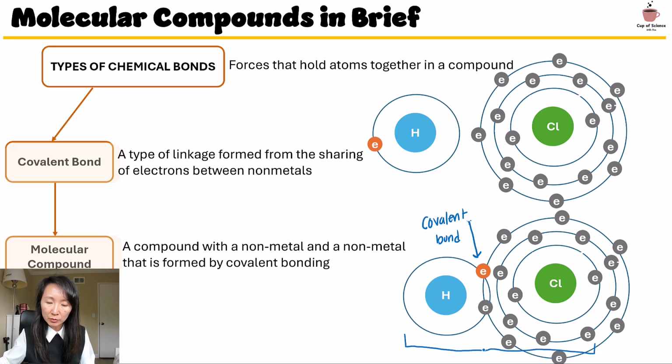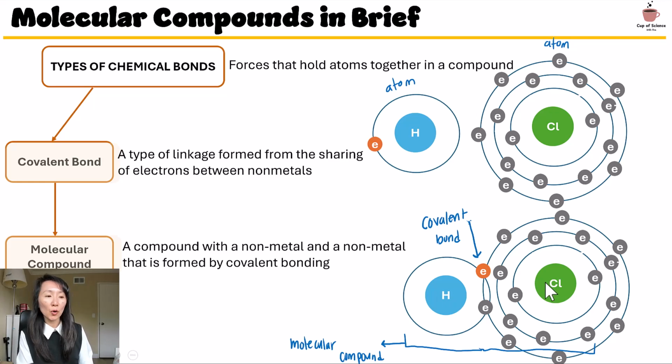Individually, there are atoms. So this is an atom. Here's another atom, and together by sharing electrons via covalent bonding, now we form what is called the molecular compound. A molecular compound is made up of a nonmetal and another nonmetal via covalent bonding.